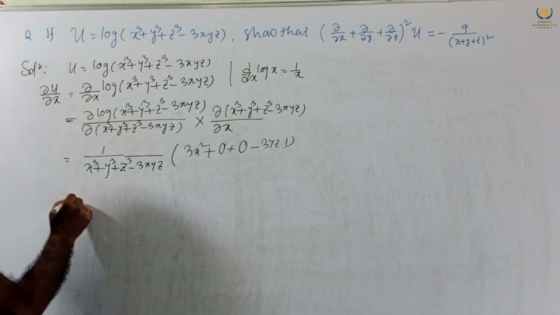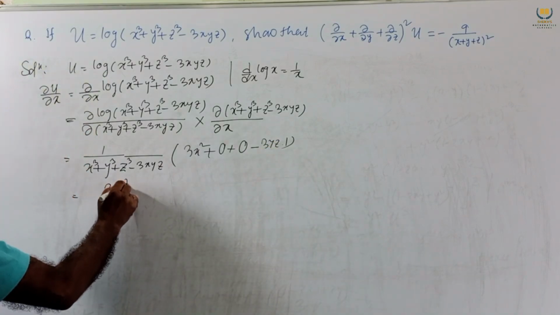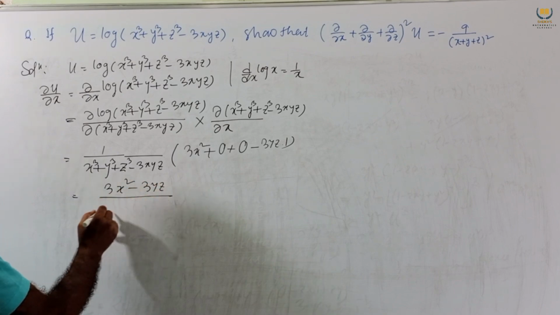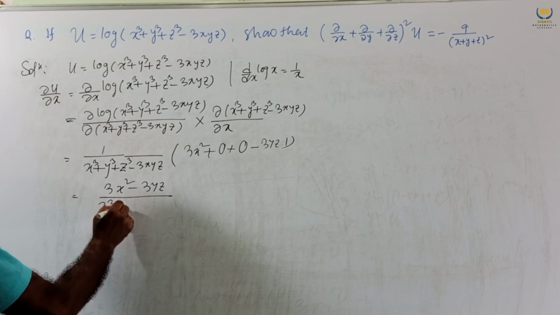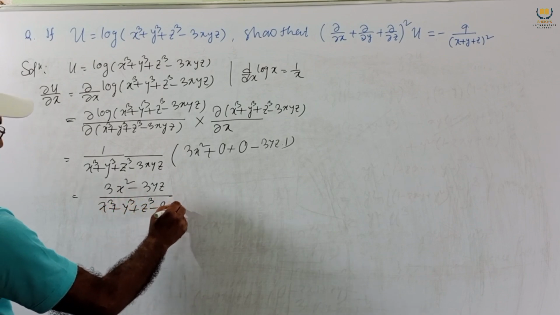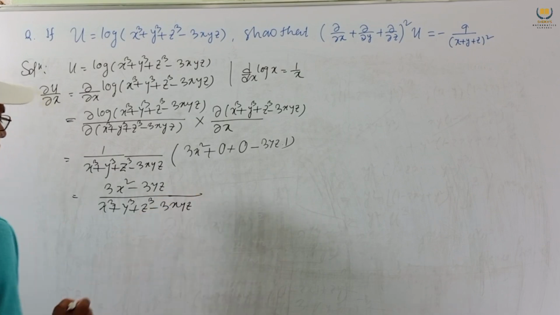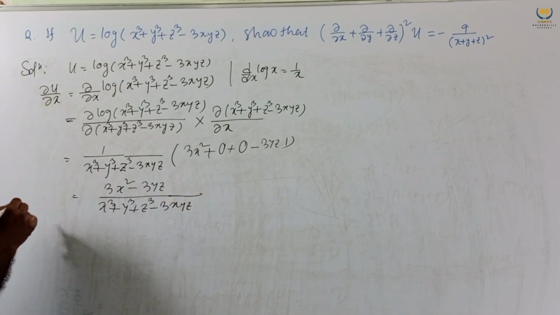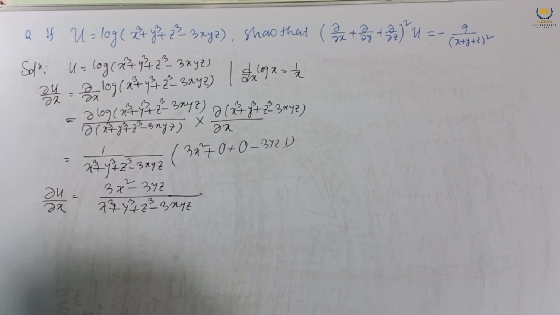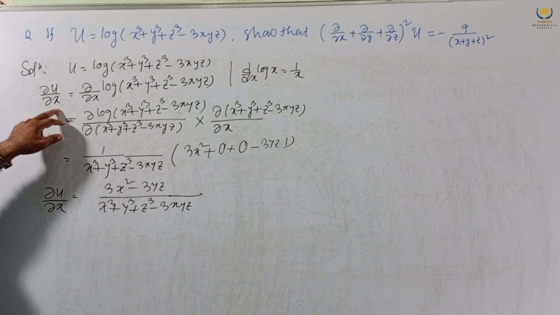So ultimately we get ∂u/∂x equals (3x² - 3yz)/(x³ + y³ + z³ - 3xyz). So first we get ∂u/∂x.